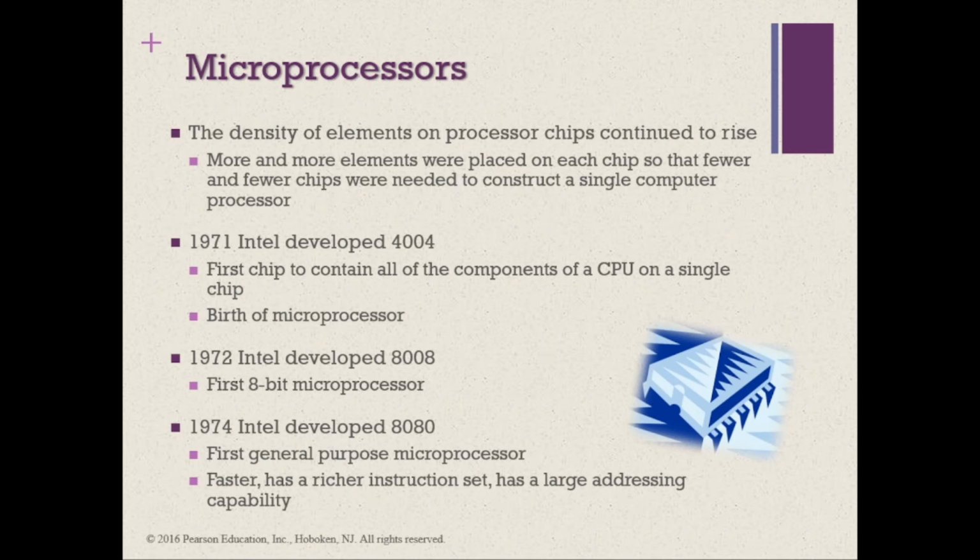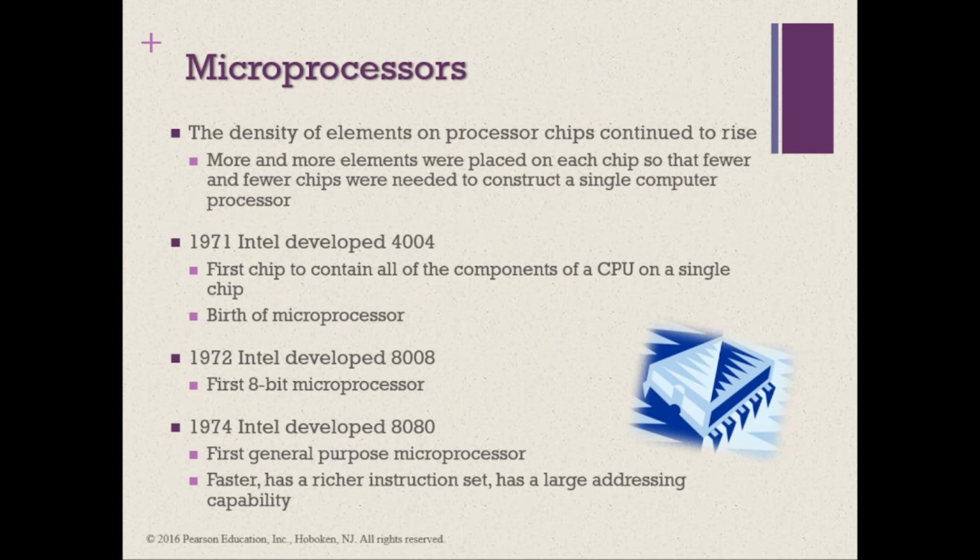Neither of these steps was to have the impact of the next major event, the introduction in 1974 of the Intel 8080. This was the first general-purpose microprocessor. The Intel 8080 is considered the first general microprocessor, whereas the 4004 and the 8008 had been designed for specific applications.